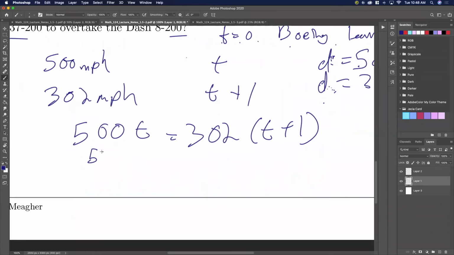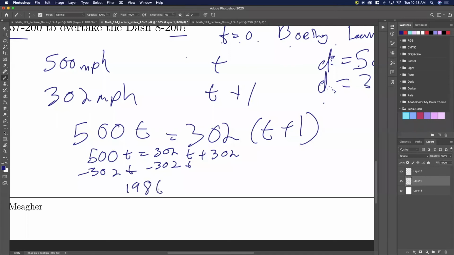All right, so here I'll have 500t equals 302t plus 302. Then I'm going to subtract 302t from both sides to get all my t on this side. And I get 500 minus 302, which is 198.